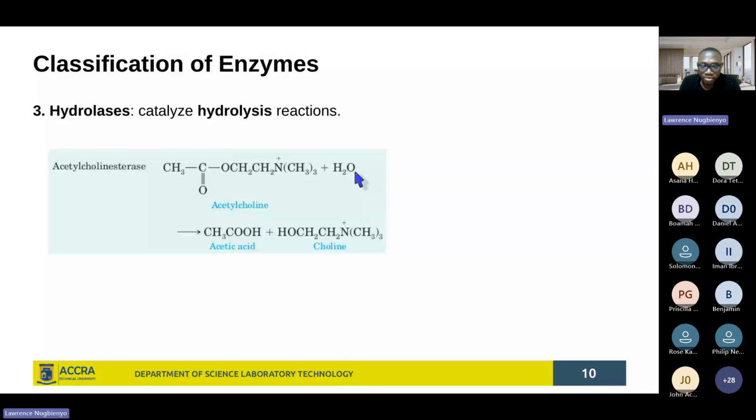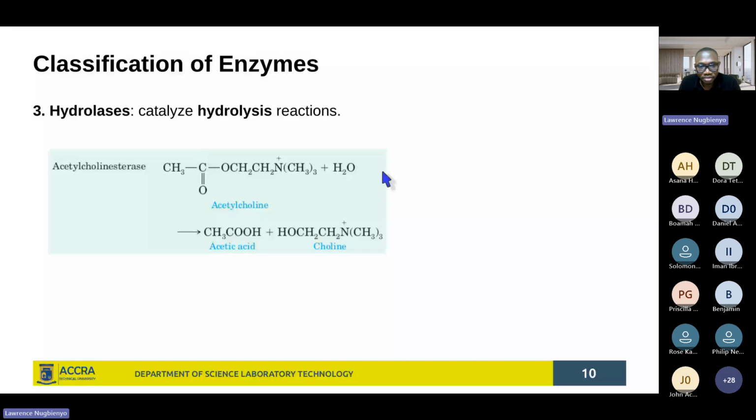Now this water molecule, take it out, it will give you an H plus and OH, which means that the OH comes, let's say, the hydrogen from water comes to bind on that oxygen of the acetic acid residue there in acetylcholine to give you the full acetic acid.